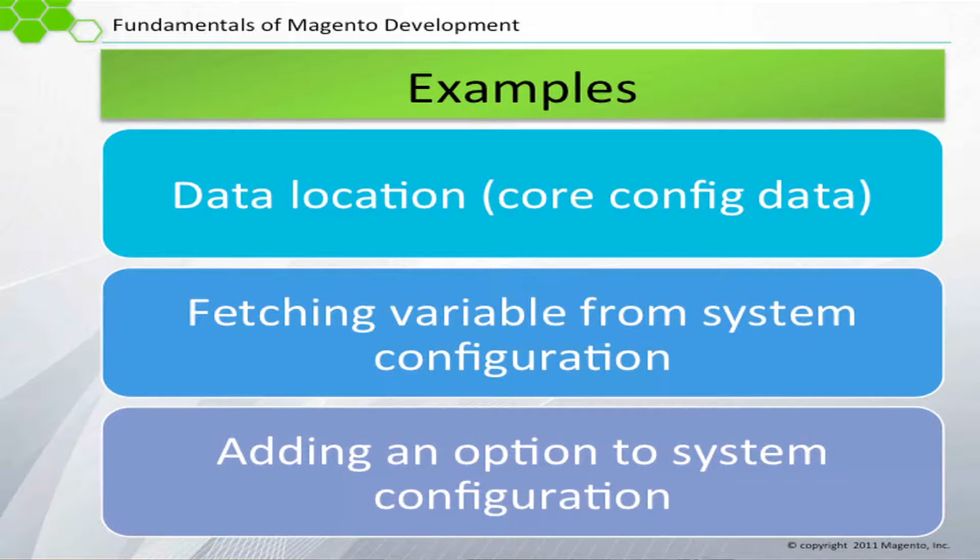Okay. So fetching a variable from the system configuration. We did that on the very first day. Mage get store config or mage get config. Get node. Adding an option to the system configuration.